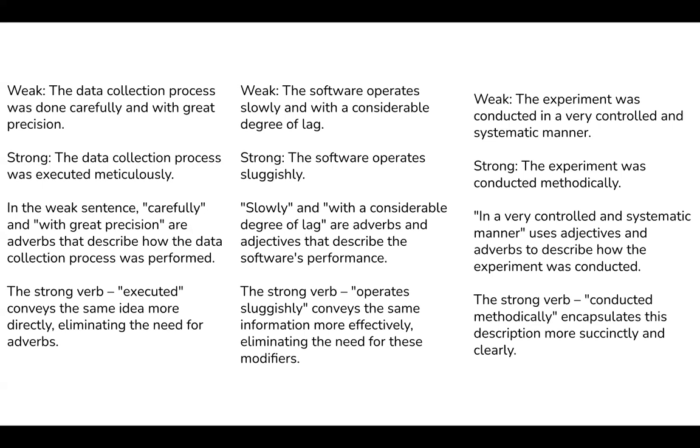So this strong verb usage is much better in this case because it conveys the whole point in just 5 words instead of this, which is like 10 words or so, right?